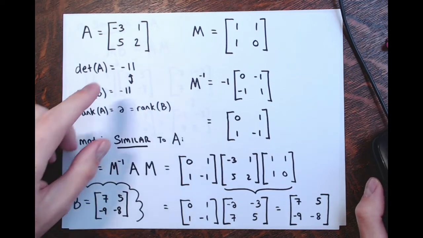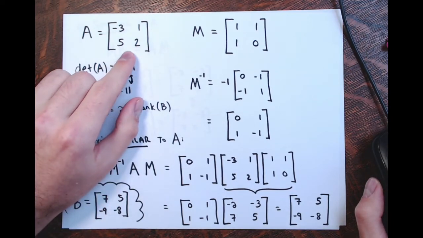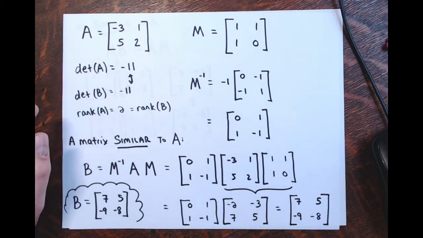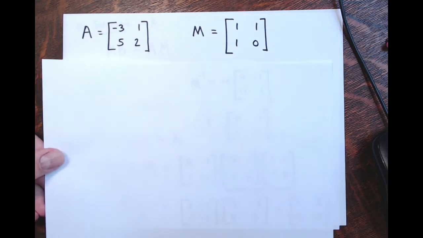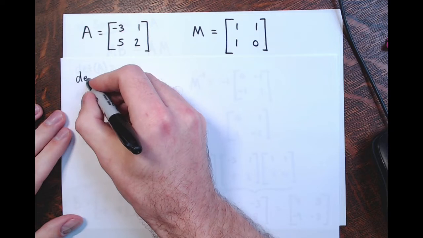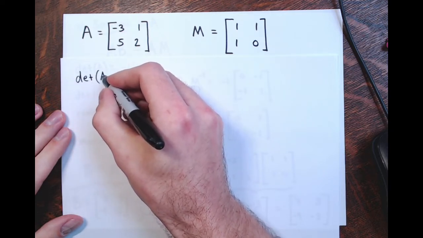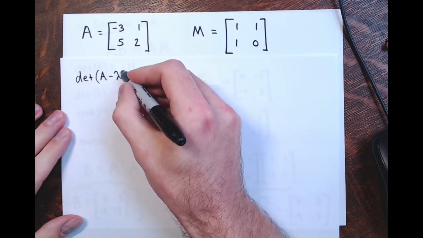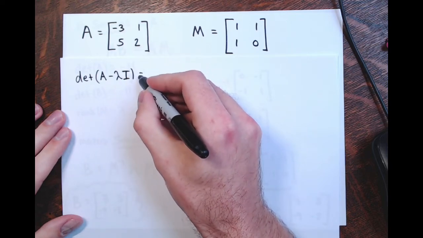So if I found the eigenvalues of A, which I'll do real quick just to refresh your memory. Remember how to find the eigenvalues of a matrix? You set up that characteristic equation. When is the determinant of A minus lambda I equal to 0?